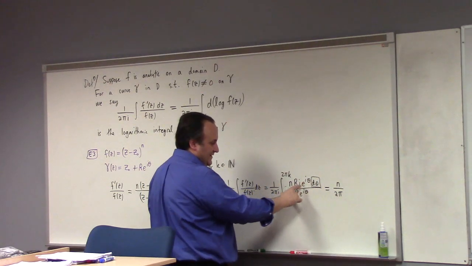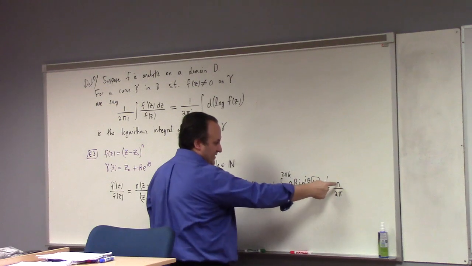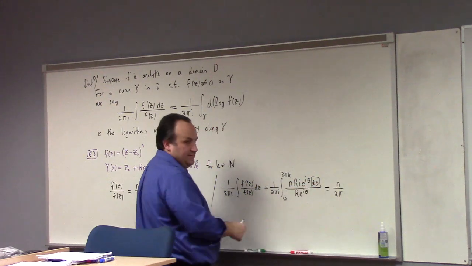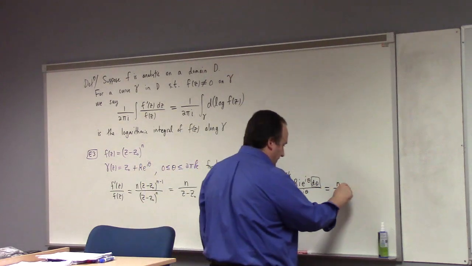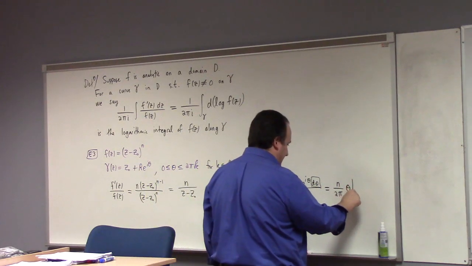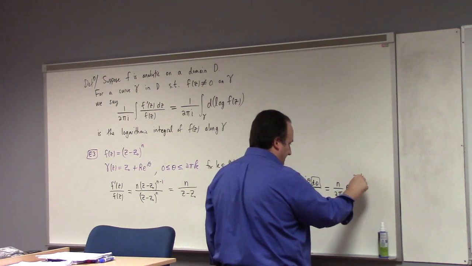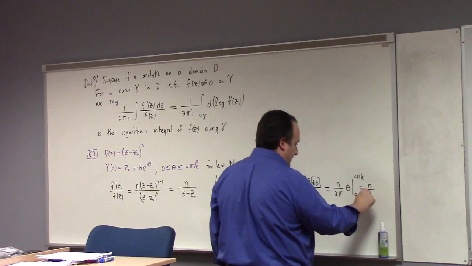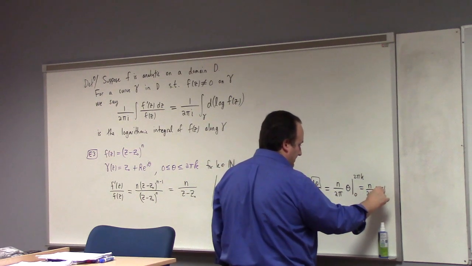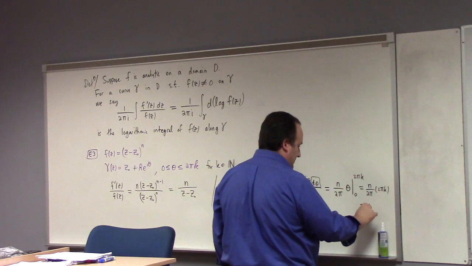These cancel, the i cancels, the r cancels. I put the n here, kept the 2 pi. So we're just left with the integral of d theta. So we've got theta evaluated from 0 to 2 pi k. So that gives us n over 2 pi times 2 pi k, which is just n times k.